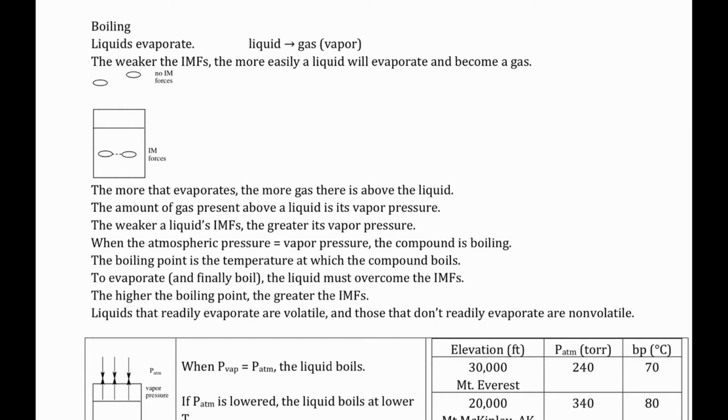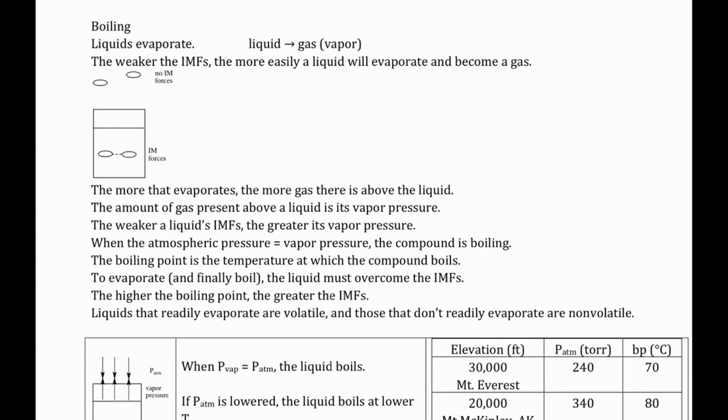When the atmospheric pressure, which is pushing down on the vapor, equals the vapor pressure, the compound is what we call boiling, and we would see bubbles rising from the bottom. The boiling point is the temperature at which the compound boils.